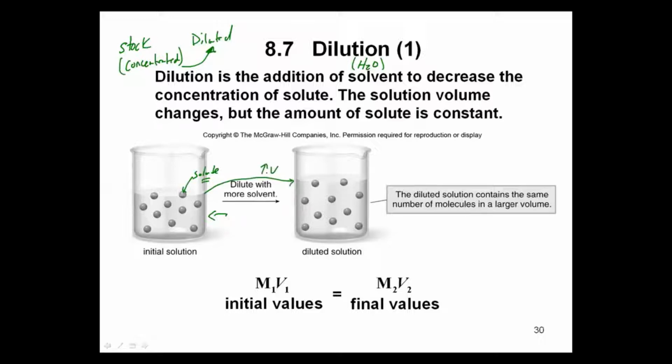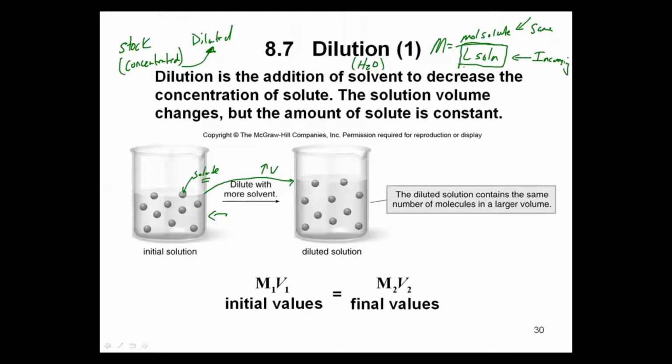And what that's going to do, if you just think about molarity in general, molarity technically is the moles of solute over liters of solution. So since the moles of solute remains the same when you do a dilution, but the volume increases, what you're essentially doing in a dilution is you're increasing the bottom part here.